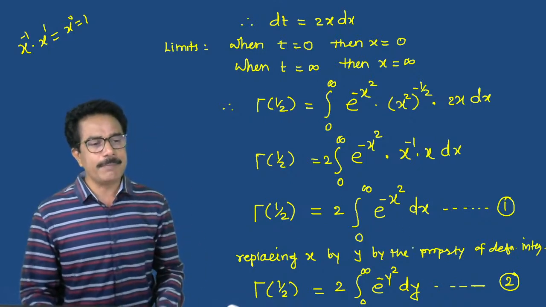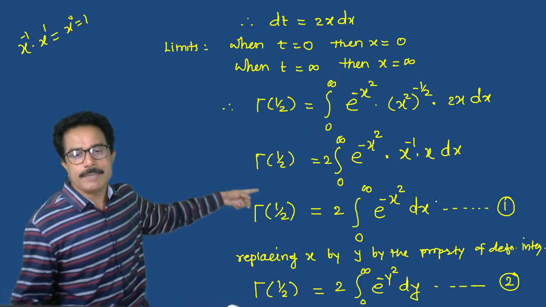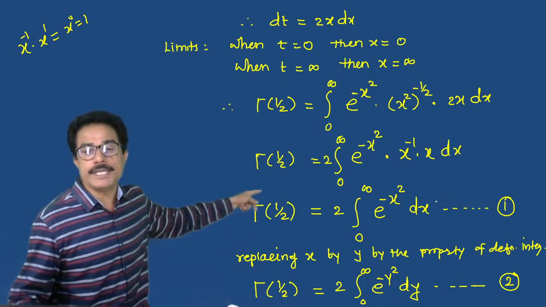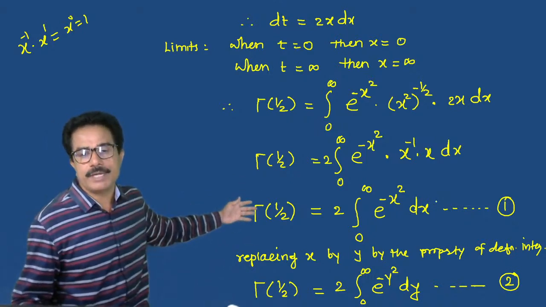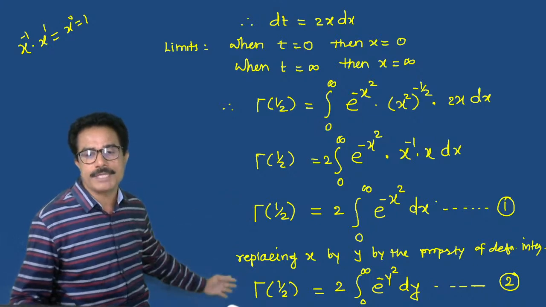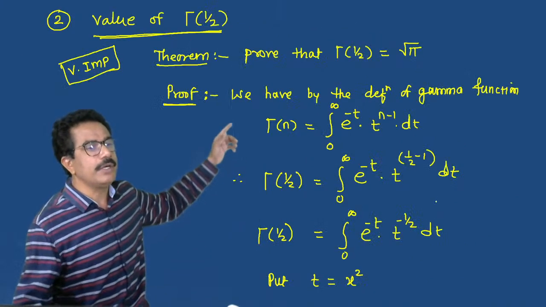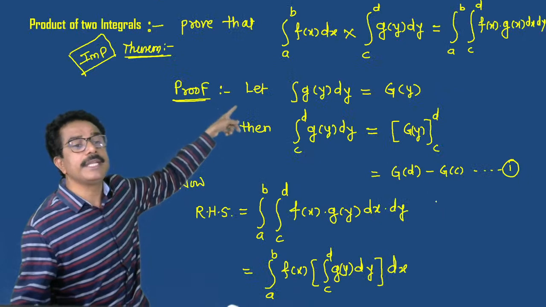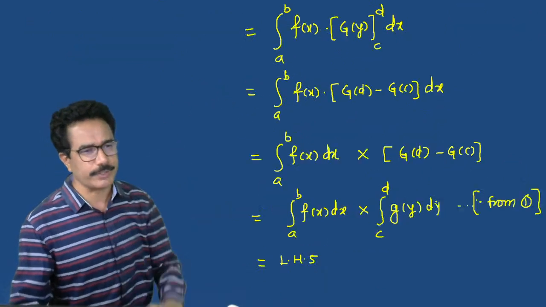So now multiplying equations 1 and 2, we can multiply these two integrals. We can multiply equations 1 and 2, meaning we have to multiply left side, right side according to this theorem, multiplication of two integrals. Okay.